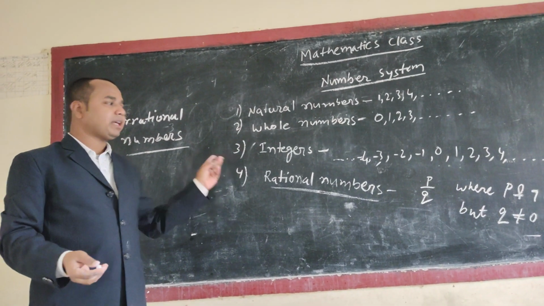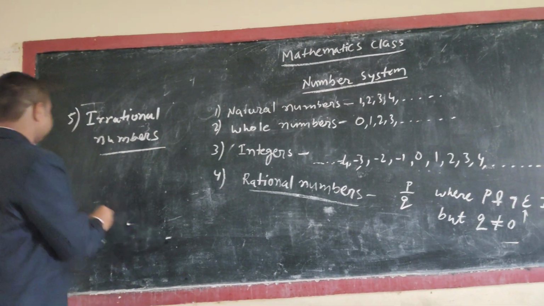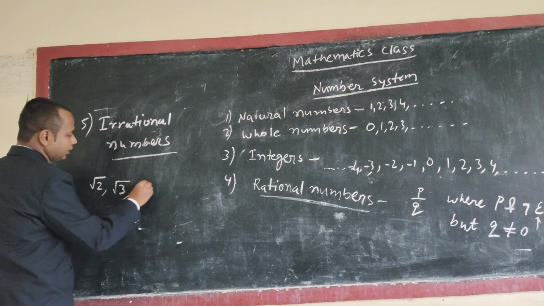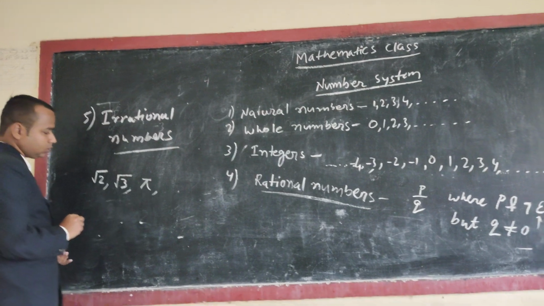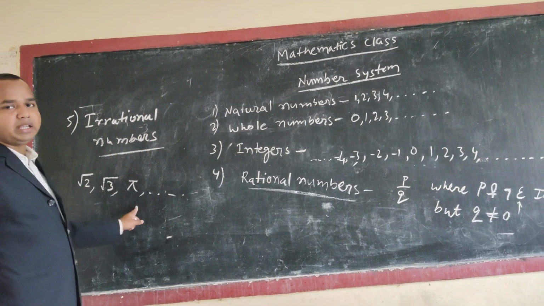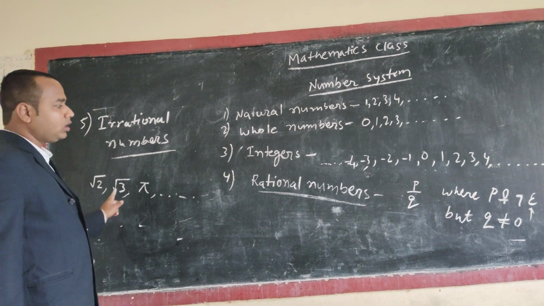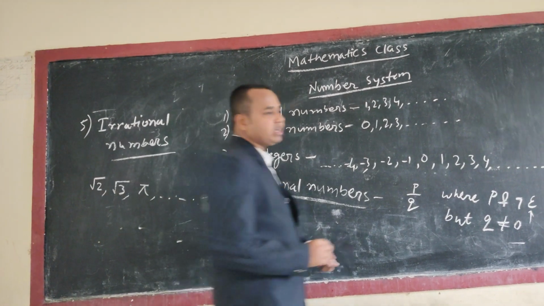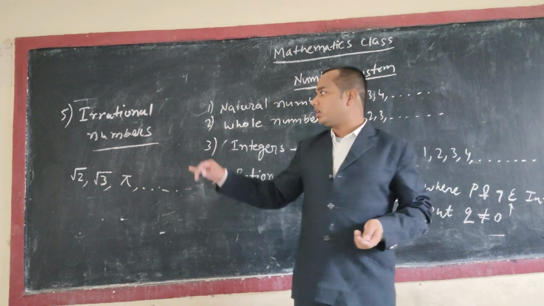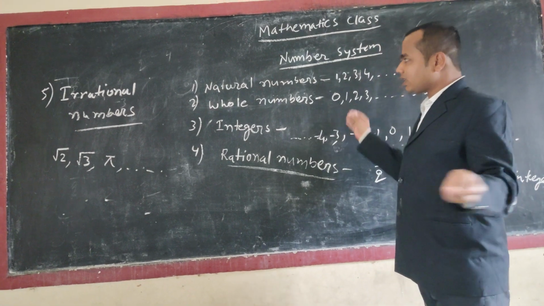The numbers which cannot be expressed in the form of p by q, we call irrational numbers. Like root 2, root 3, pi, and so on. These numbers cannot be expressed in the form of p by q, so that's why they are called irrational numbers. We will discuss in the next video why root 2, root 3 and pi are irrational numbers.